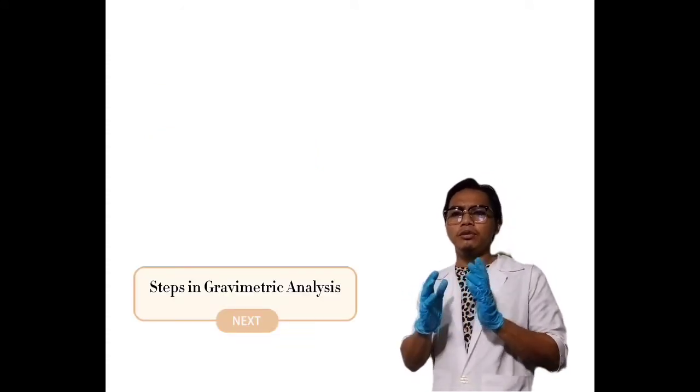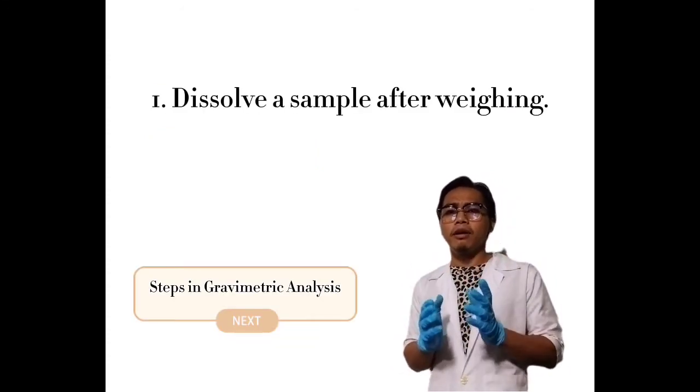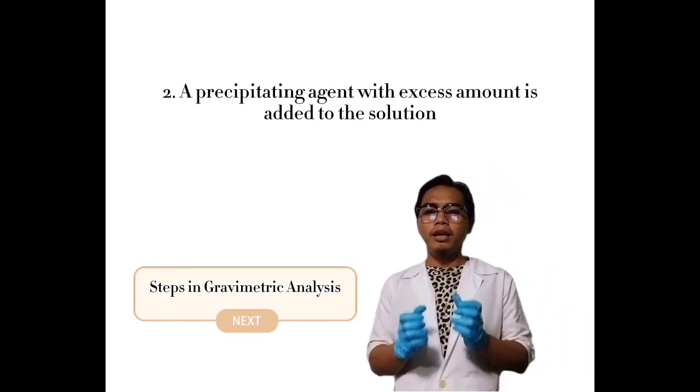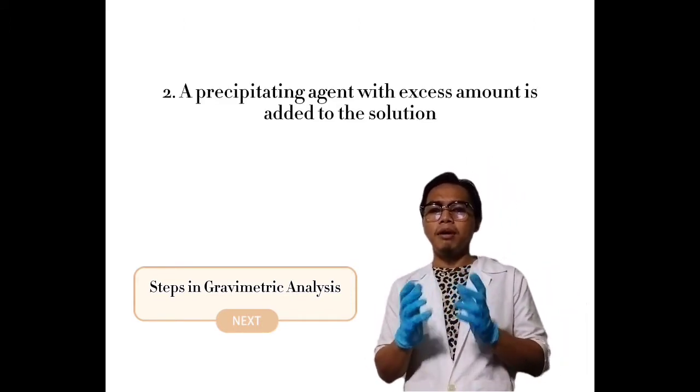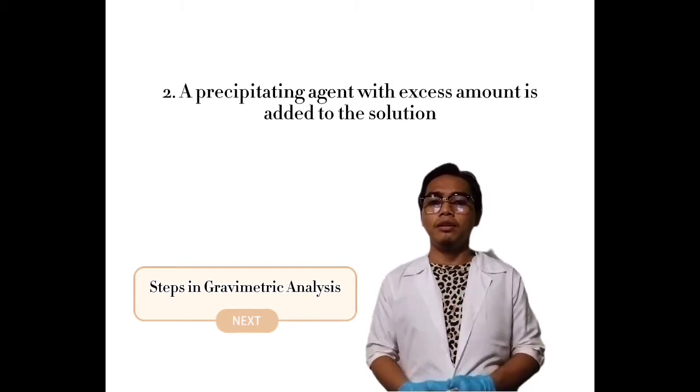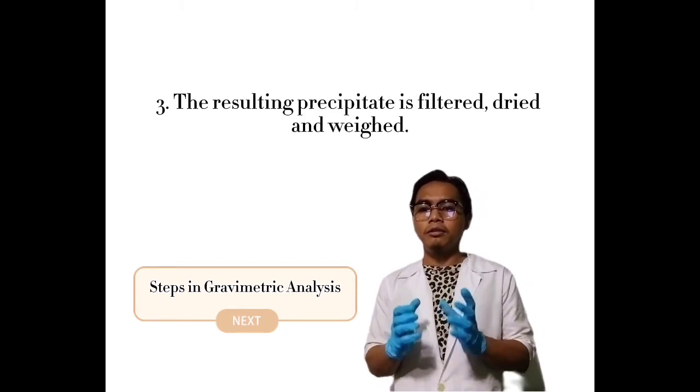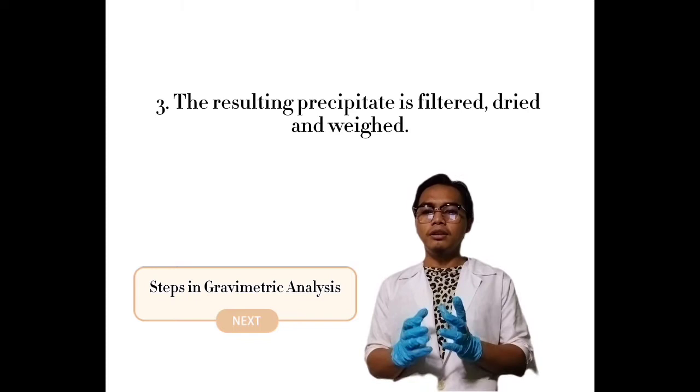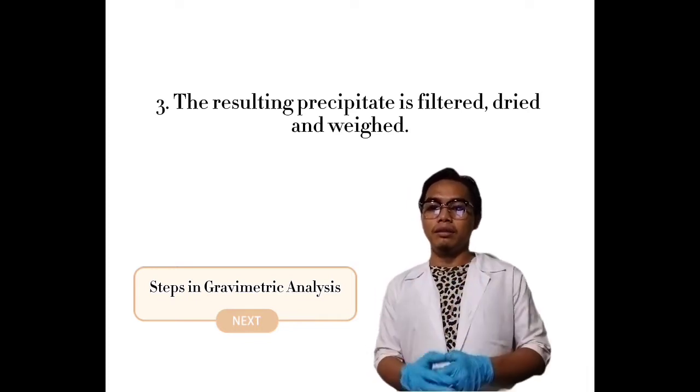So first we need to dissolve a sample after weighing. Second, a precipitating agent in excess amount is added to the solution. Third, the result of precipitation is filtered, dried, and weighed.